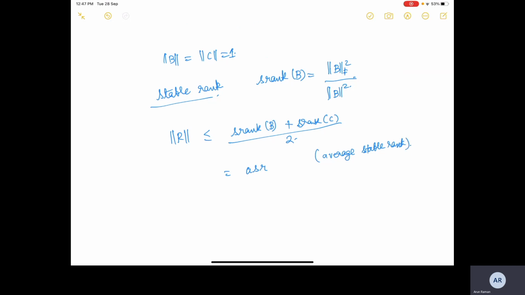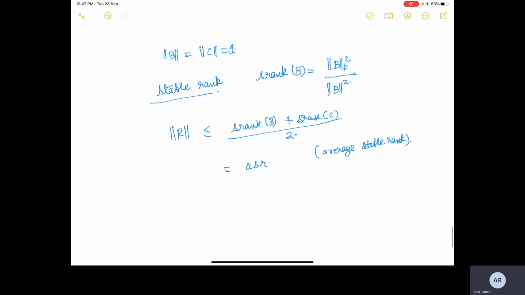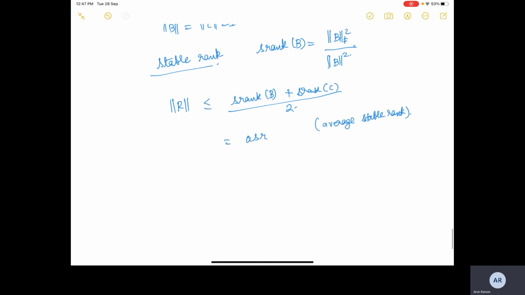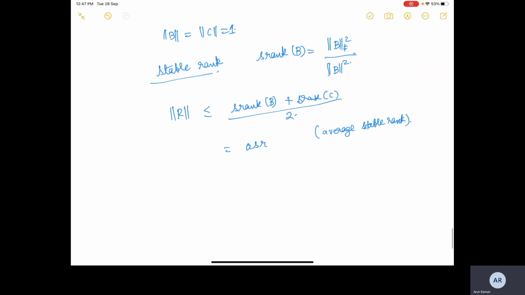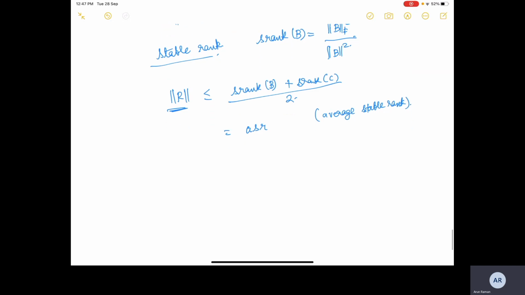These are just semantics. It makes the inequality look somewhat less intimidating. There is some logic behind why the stable rank definition is this way. But anyway, we have the bound on the spectral norm of R. So this becomes our L, capital L, from the corollary or from the Bernstein inequality.